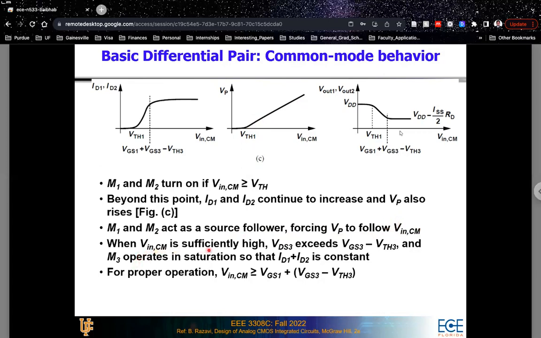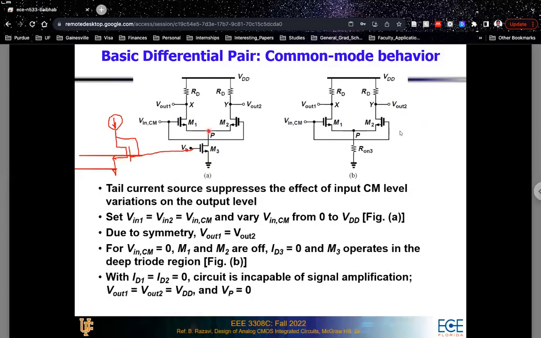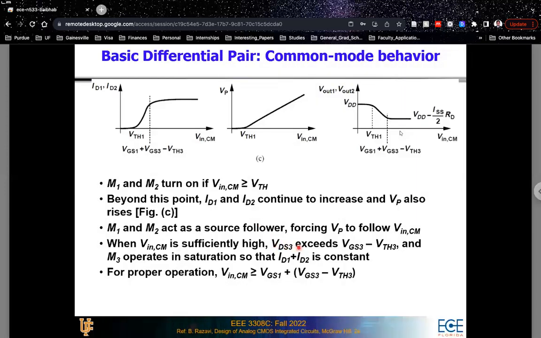Now, when your Vin,CM is sufficiently high, the voltage Vp is also equal to the VDS3 of the M3 transistor. So as voltage Vp increases, at some point, VDS3 will exceed the Voverdrive of that M3 transistor, and then M3 will also start operating in saturation.